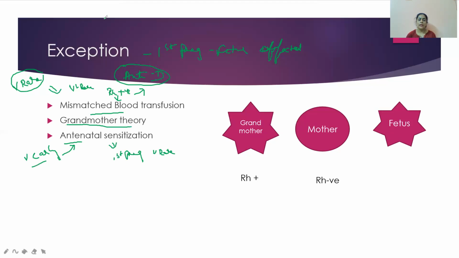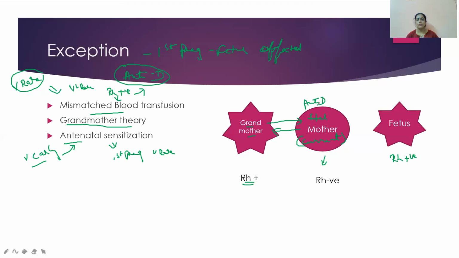So this is the current mother. She is Rh negative and she bears a fetus which is Rh positive. Fine. So the current mother, during her in utero period, when she was a fetus, was exposed to the Rh positive cells of her mother. If the grandmother's Rh positive RBCs have entered her circulation when she was in the fetal period, she has also produced anti-D.